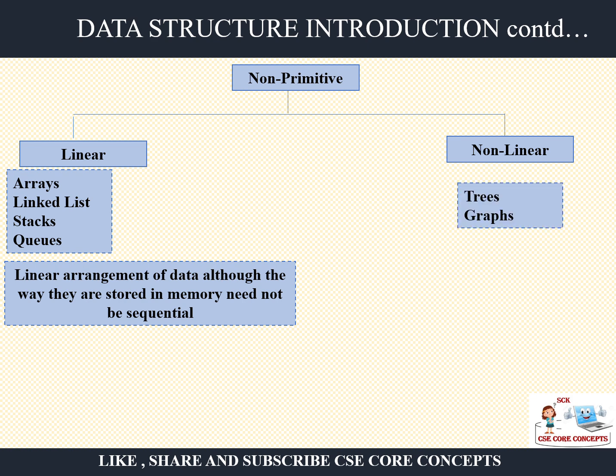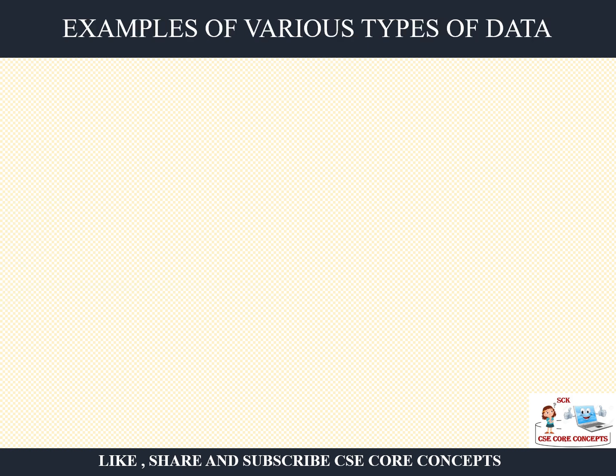Whereas a non-linear data structure refers to trees or graph types of structures. So let us see what makes it linear or non-linear, and how to choose which type of data structure can be used for what type of data.